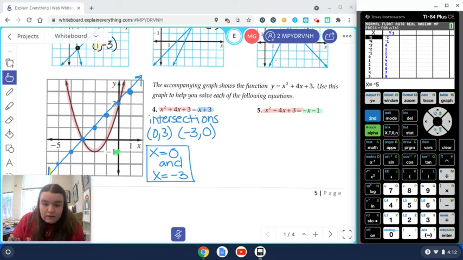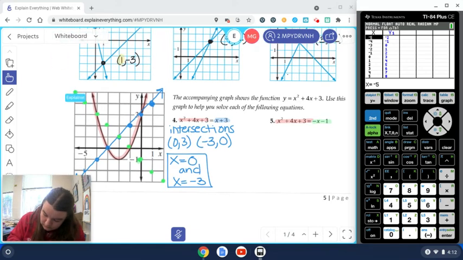And then from there, the slope is -1, so I'm going down 1, right 1, down 1, right 1. But you could get this from the table as well. Then I'll connect. I missed that last one, but that's okay.